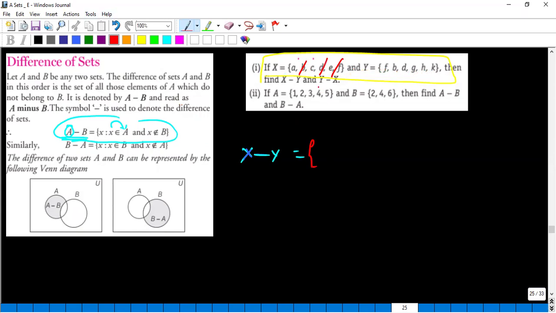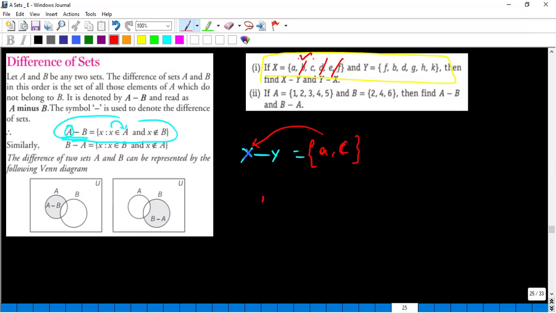G, H, K are not there. So the leftover elements in the first set we will write, A and C. These two elements belong to X alone. Remaining B, D, F belong to both. That's why I'm not writing. So X minus Y is A comma C.